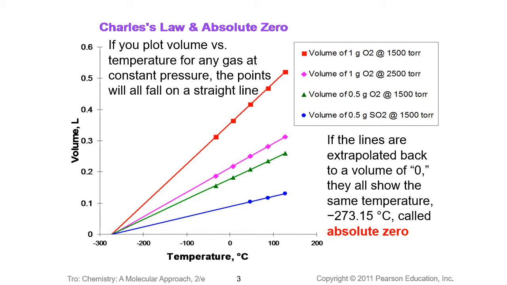And at that intersection, the volume would be 0. And this happens at negative 273.15 Celsius, or 0 Kelvin. And this is absolute zero, where all motion ceases and we would have 0 volume for our gases.